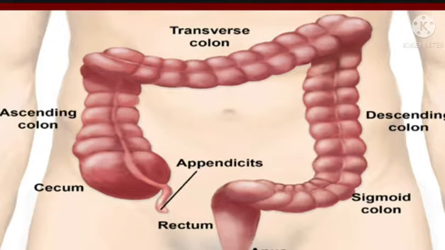The colon is lined by dilations called haustra. The S-shaped sigmoid colon, also called the pelvic colon, opens into the rectum.